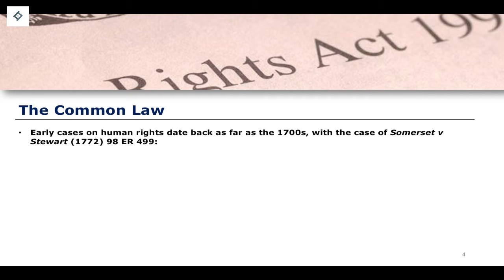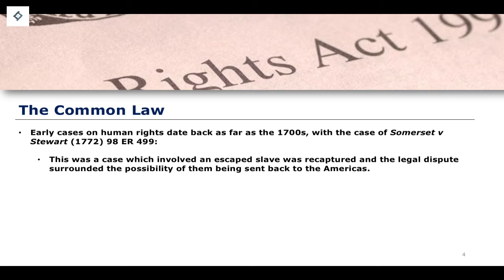And we can see some of the ways in which human rights has been influenced by the common law when we look at the 1700s and we look at the case of 1772, specifically the case of Somerset and Stuart. Now, what this essentially involved is a very historical, a very dated set of factual circumstances because it involved an escaped slave.